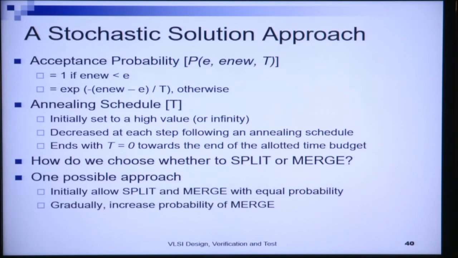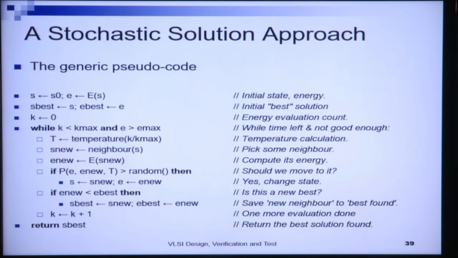P(E, E new, T) is equal to 1 if E new is less than E. So I always accept the new solution if it has a lower cost than the current solution. Otherwise I may still accept the new solution, provided this value is higher than the random value here.